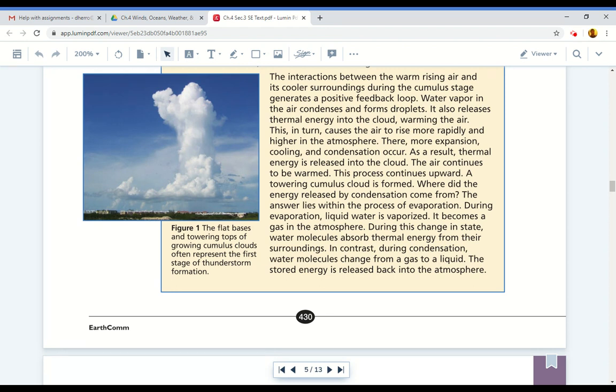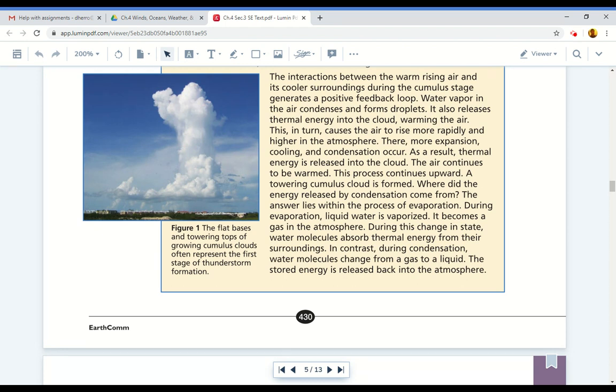This, in turn, causes the air to rise more rapidly and higher in the atmosphere. There, more expansion, cooling, and condensation occur. As a result, thermal energy is released into the cloud. The air continues to be warmed. This process continues upward. A towering cumulus cloud is formed.